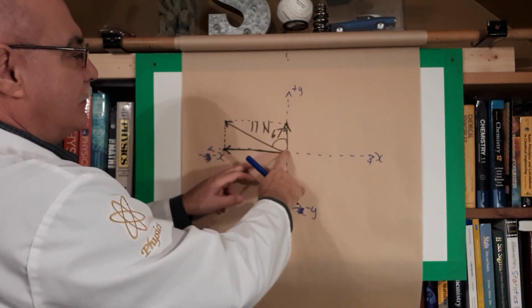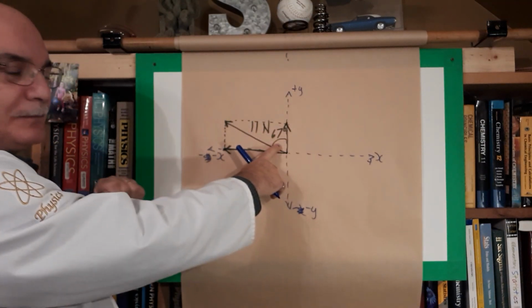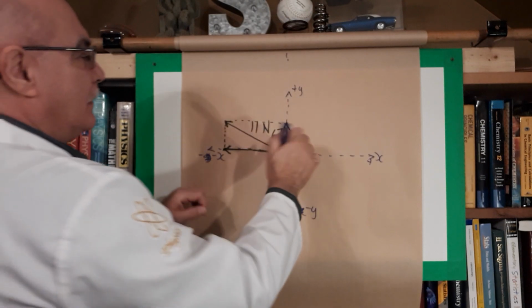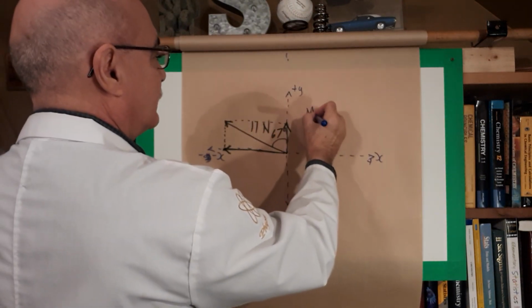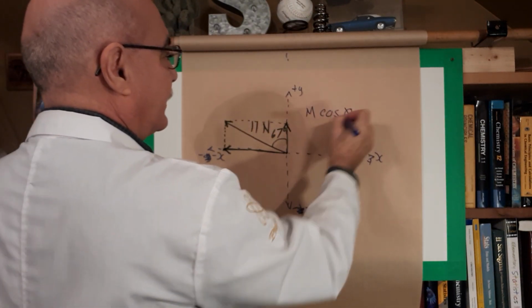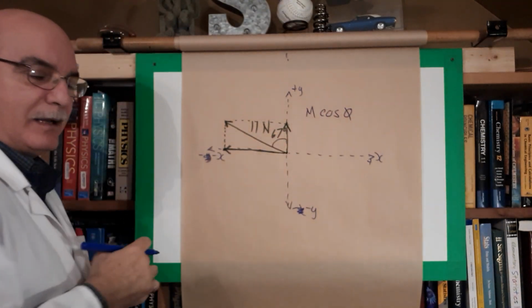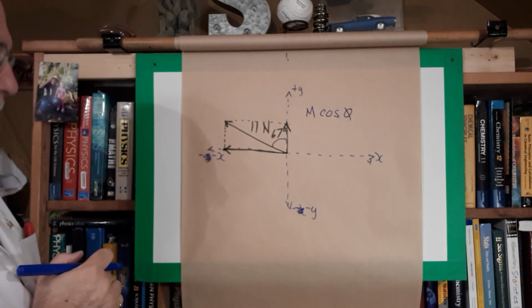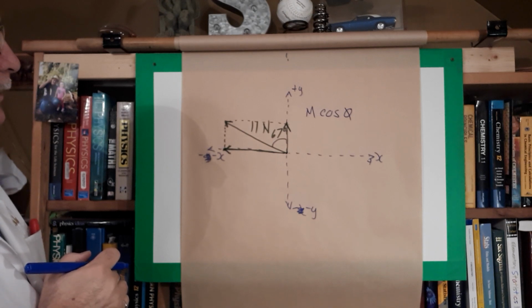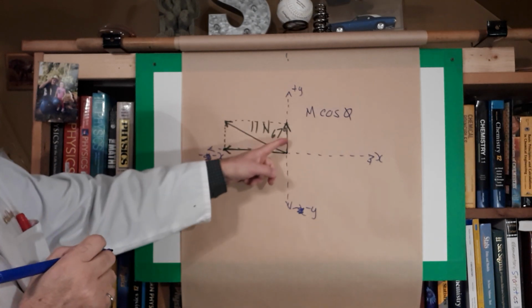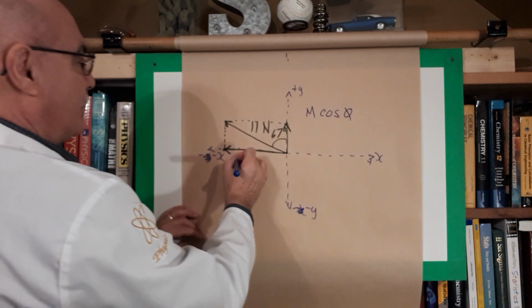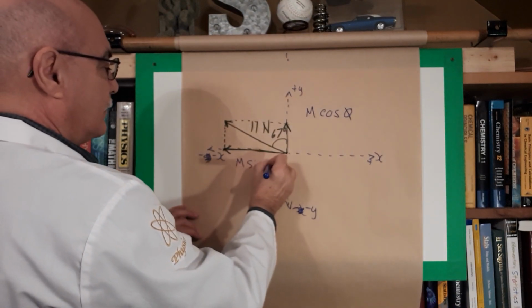This component here in the y direction is adjacent to the angle given. We're going to use m cosine theta, because cosine is used when the angle is adjacent to the component that you're seeking. And this one will be m sine theta.